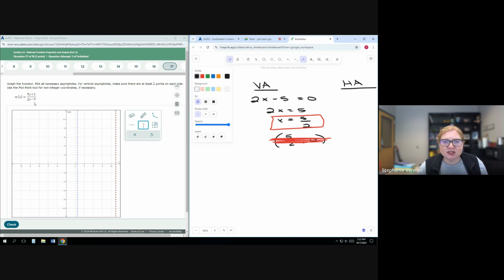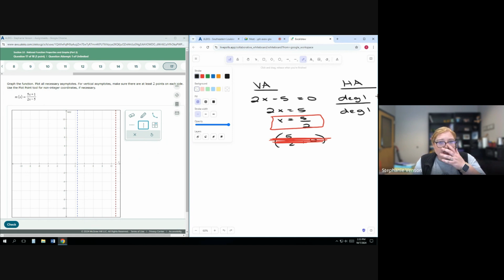The numerator and denominator are both in standard form, meaning they're completely multiplied out. So the degree is just the highest power. The degree in the numerator is 1 and the degree in the denominator is 1. So we have degree 1 over degree 1.